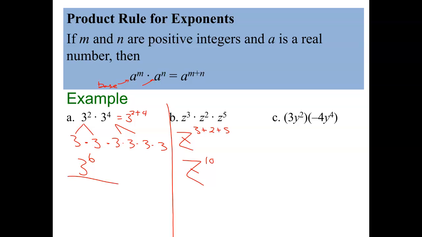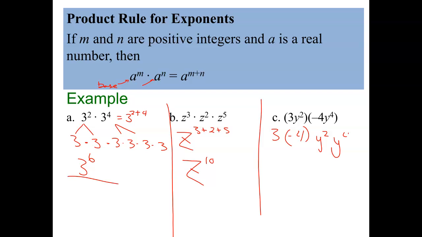Now, with C, I've got coefficients and I've got variables. The commutative property of multiplication says I can multiply in any order. So I can rearrange that so I have similar things grouped together. So I can group my coefficients and my variables.